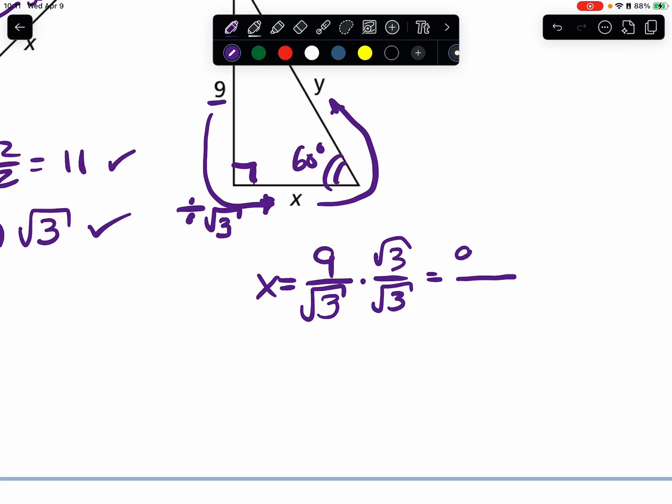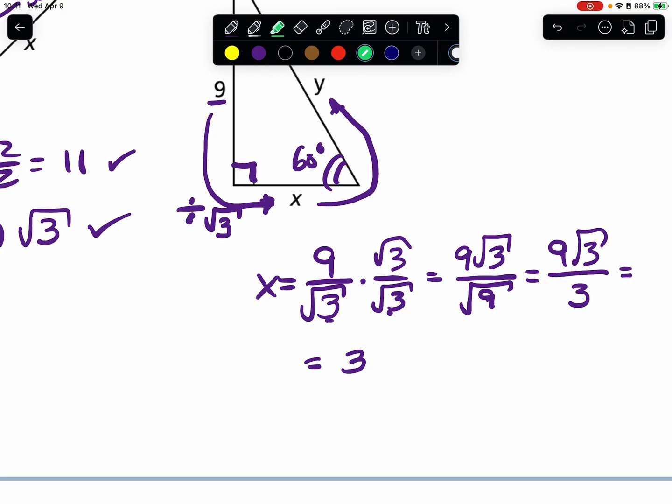And you end up with 9 radical 3 over 3. 3 times 3 is 9, but radical 9 is just 3. So our final answer for x, I'm going to simplify these two and get 3 radical 3.